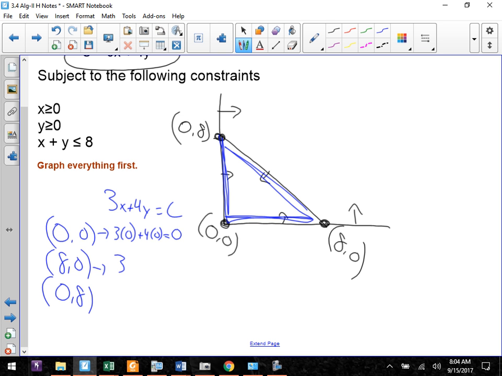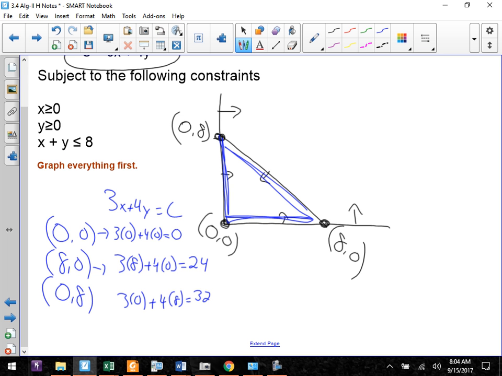Next one you have 3 times 8 plus 4 times 0, which is 24. And then 3 times 0 plus 4 times 8, which is 32. Where does your maximum and where does your minimum occur? So your maximum occurs at 0, 8, and your minimum occurs at 0, 0. That's what you're looking at here.